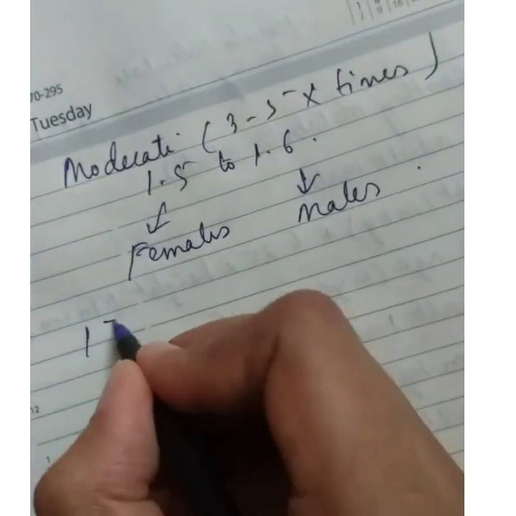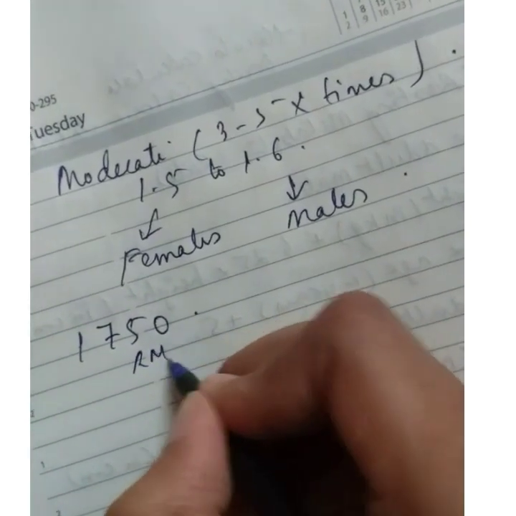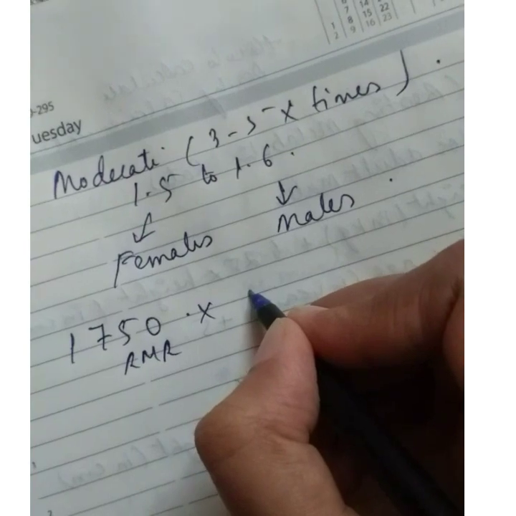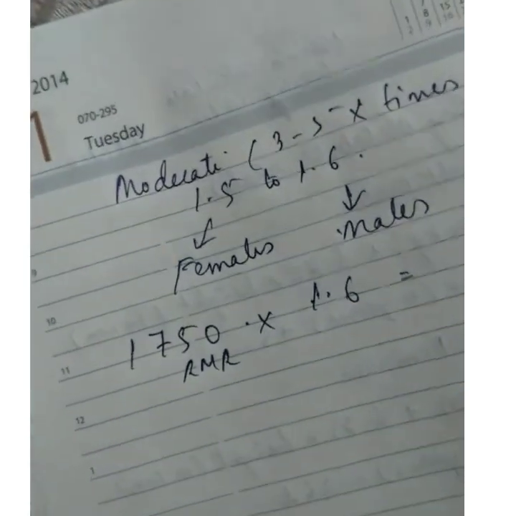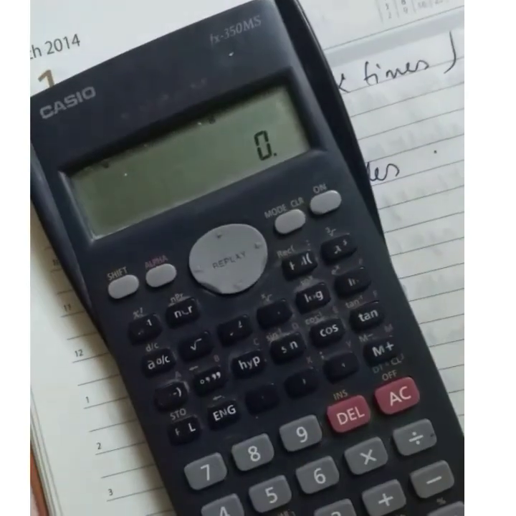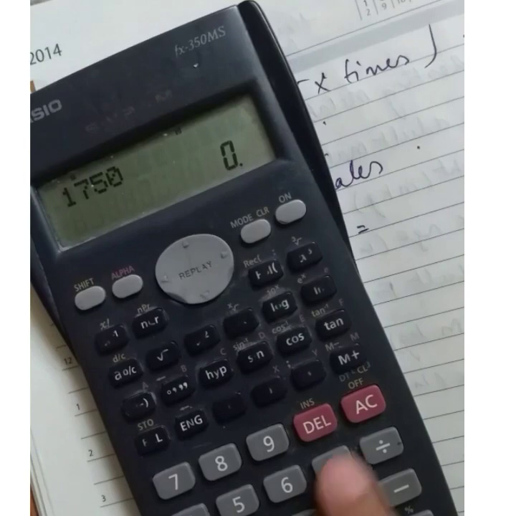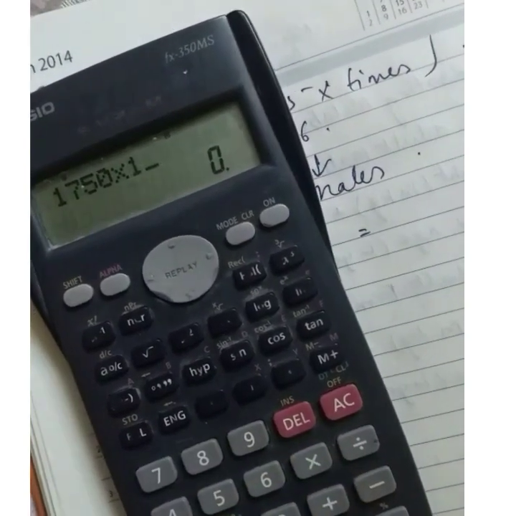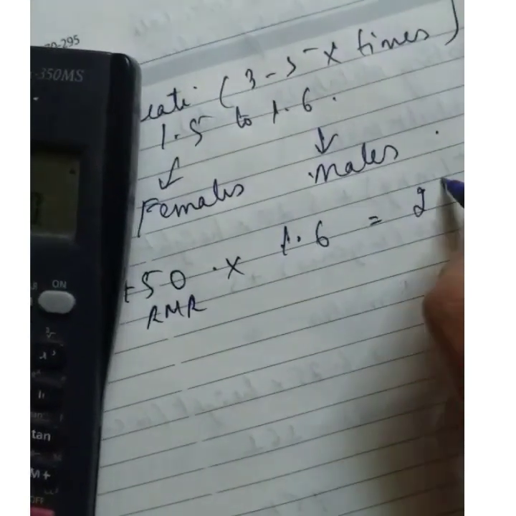Okay, now we got 1750. The RMR is 1750 into the activity factor. For males we are taking 1.6, so we get the answer as 1750 into 1.6 is equal to 2800.